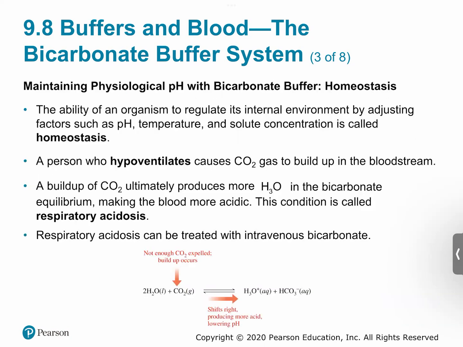So we need to maintain physiological pH. That's really important for our homeostasis. We cannot have our pH going haywire in our body. When it does, we're very sick and we need emergency treatment. So the ability of an organism to regulate its pH, well, temperature, pH, solute concentrations, that's all homeostasis.